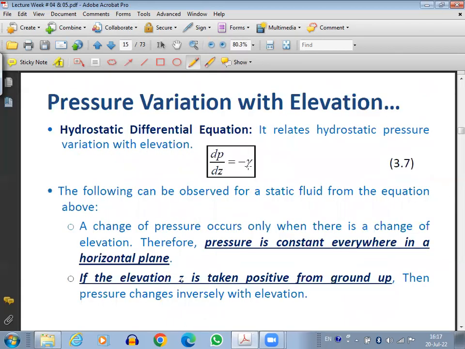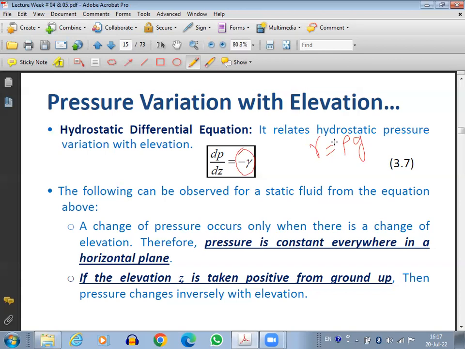This variation is equal to negative gamma, where gamma is basically rho g, density into gravity, associated due to gravity. Exactly, it happens in gas as well as in liquids. The only thing is that in case of the gas, density is very small, so the actual value of variation will be negligible.